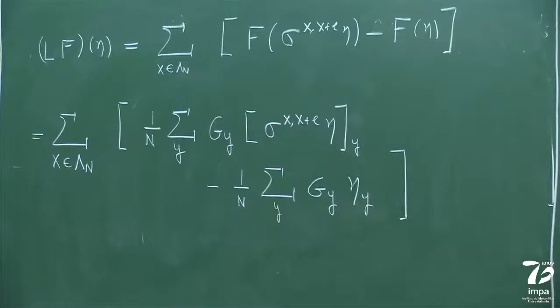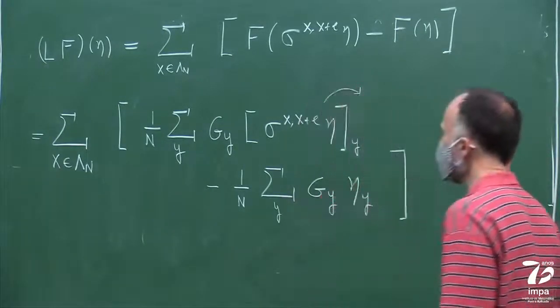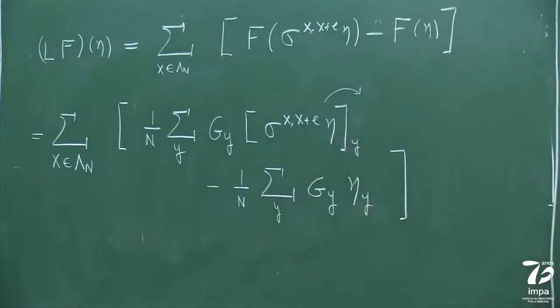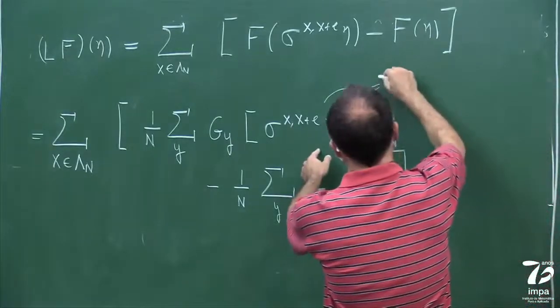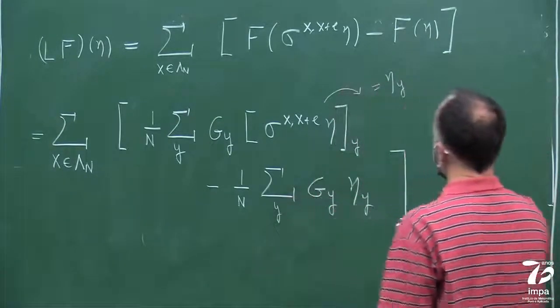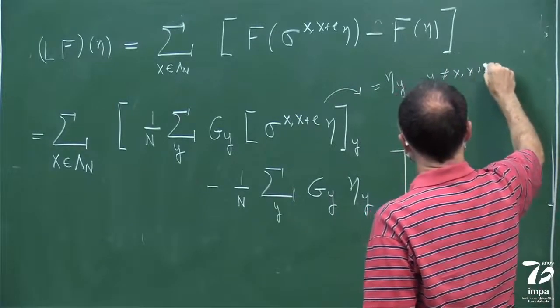And what do we know about this difference of this new configuration? Well, this new configuration coincides with eta everywhere but at the sites x and x plus e. So this is equal to eta y if y is different from x and x plus e.